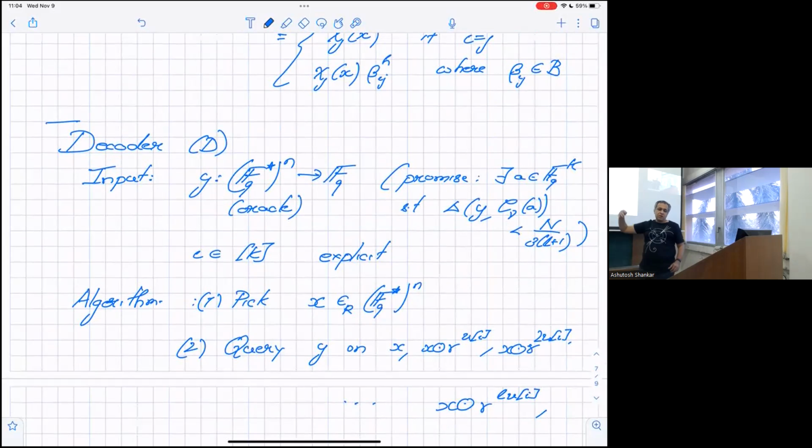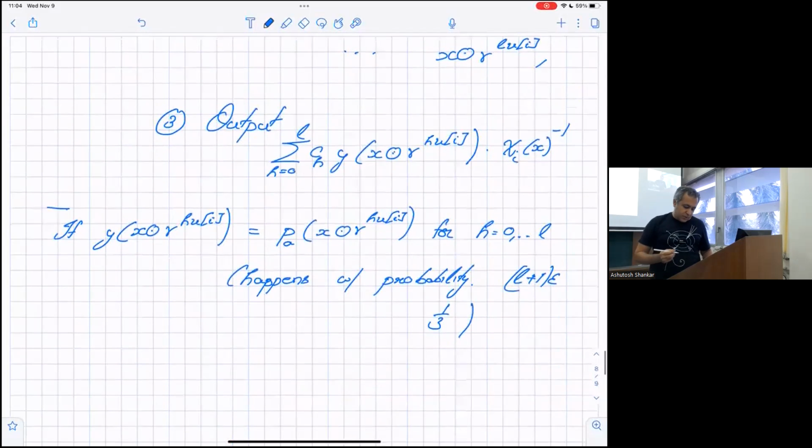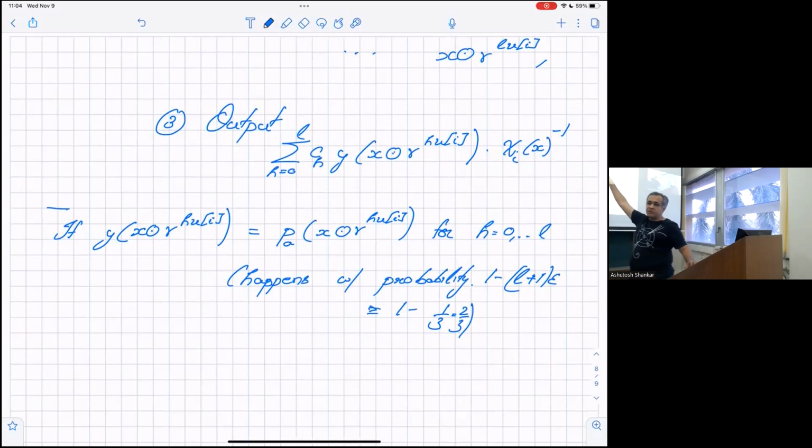So with error at most this, it happens with probability 1 minus this, which is equal to 1 minus 1/3, that's equal to 2/3.